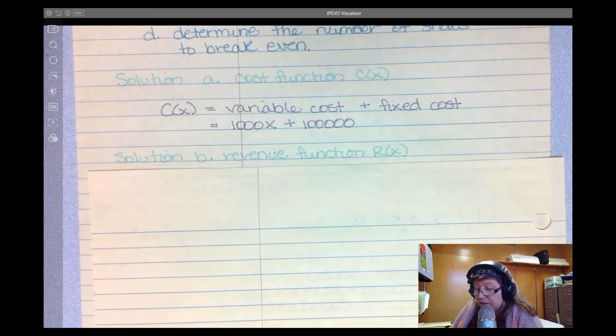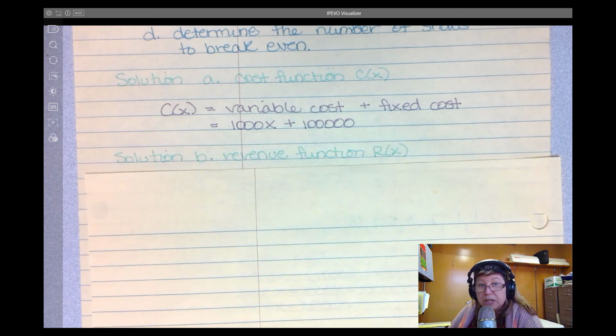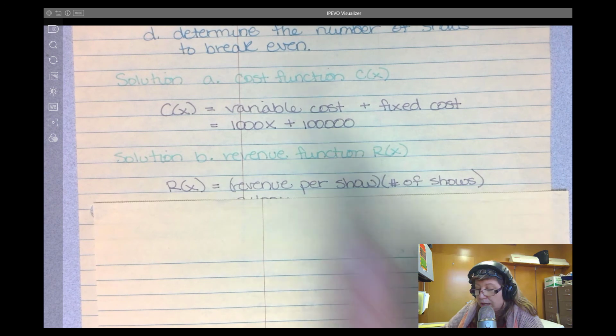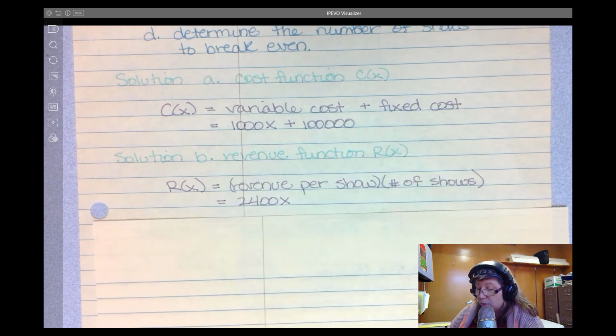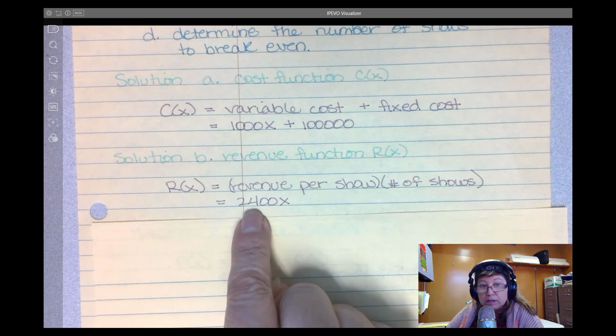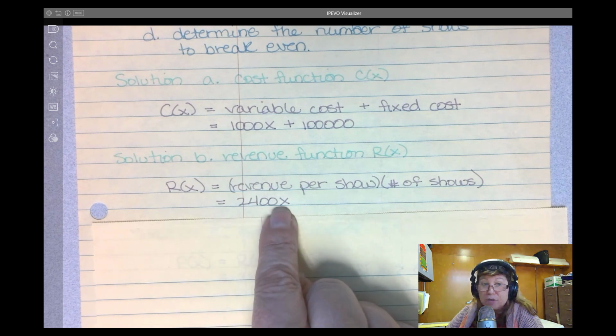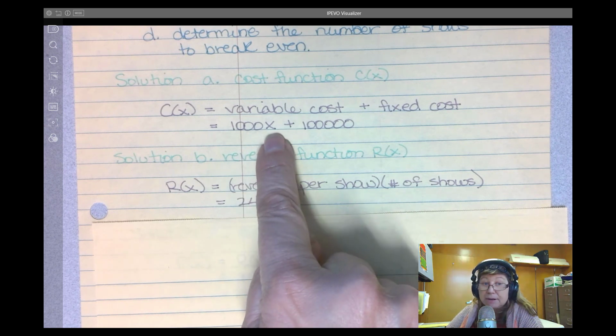Next, our revenue function. How much money will we earn? Okay, revenue per show times the number of shows. So our revenue per show was $2,400 times the number of shows. We don't know how many number of shows we're going to do. That way it's still X. This X is exactly the same X here.